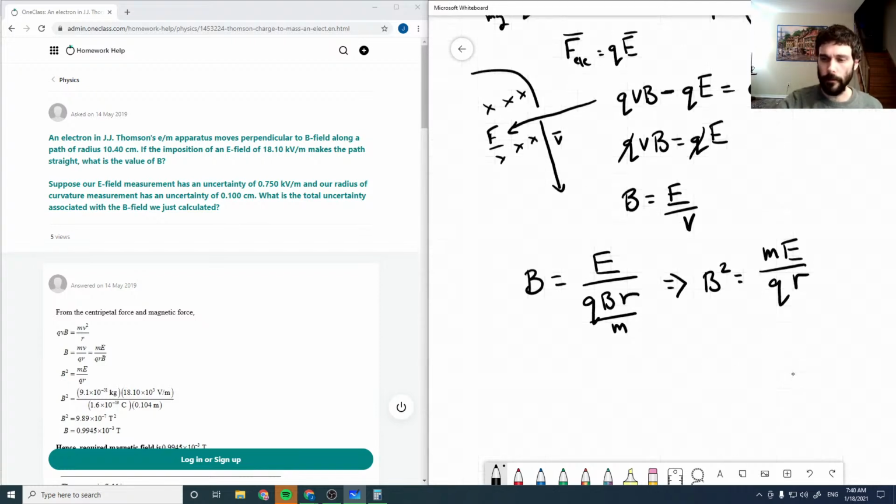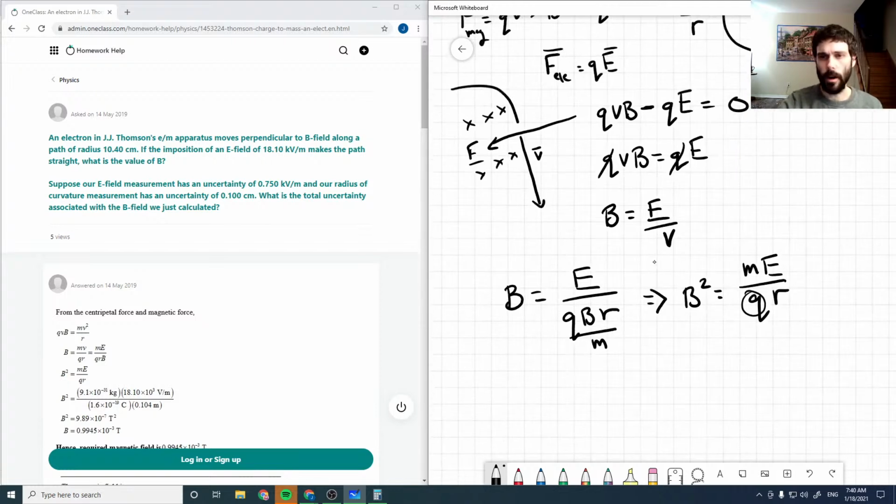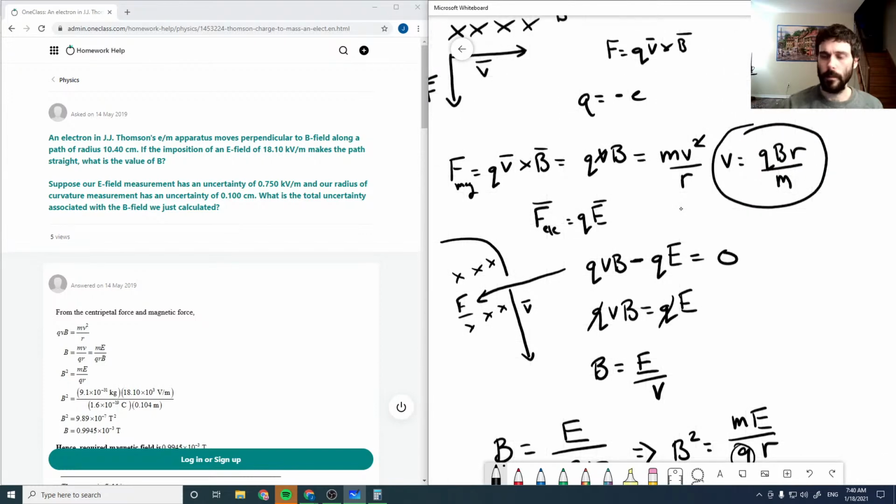And so then we're given our radius, we're given it's an electron, and we're given the E field. In this case, we've already kind of taken into account the charge on the electron in all of this. Or at least here we have actually.